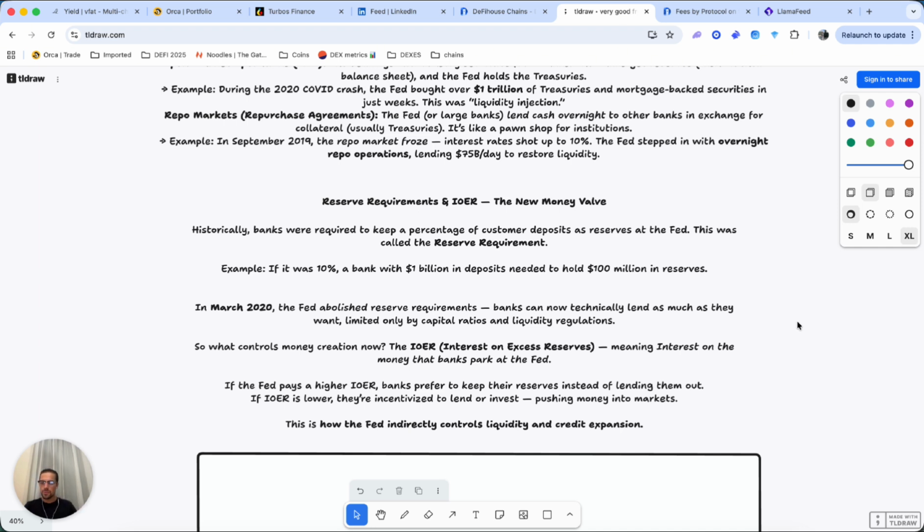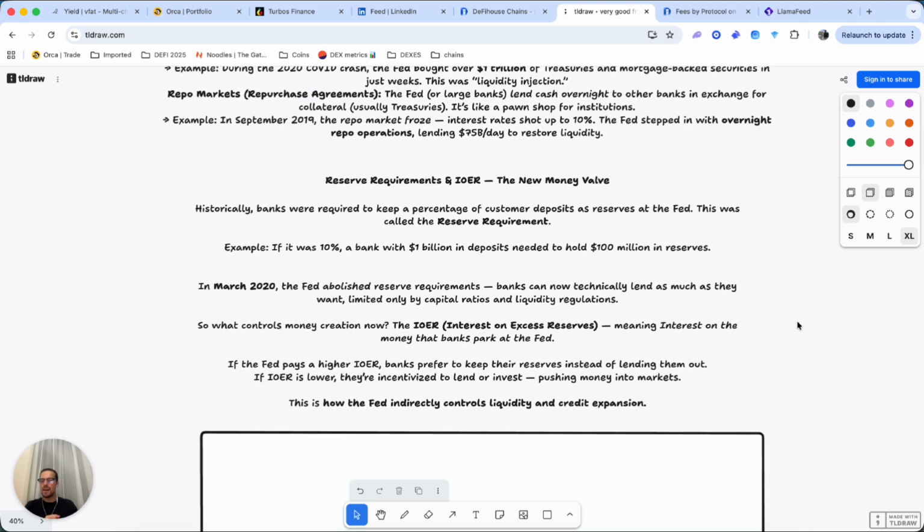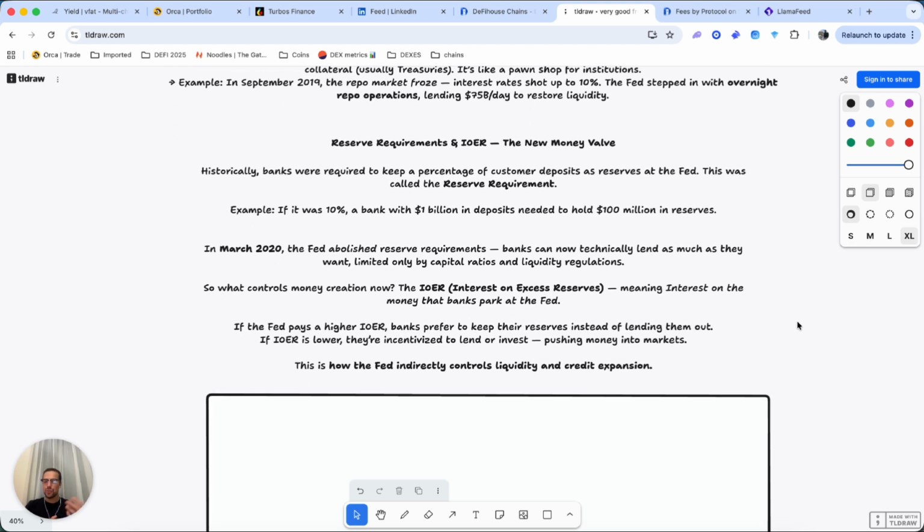No more reserves. So you may ask, so what's happening? Like, who controls the money creation now? There is a thing called IOER, which stands for interest on excess reserves, meaning the interest on the money that banks park at the Fed. So if the Fed is paying a higher interest on excess reserves, the banks prefer to keep their reserves instead of lending them out.